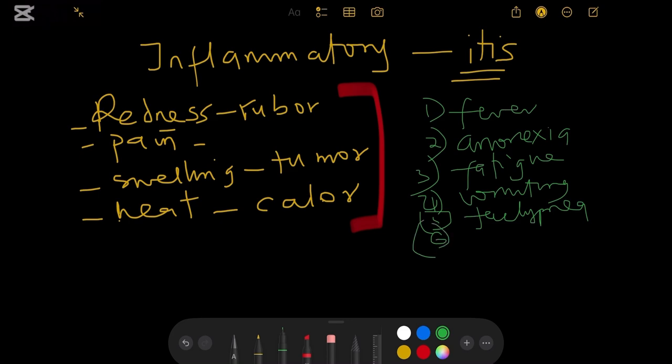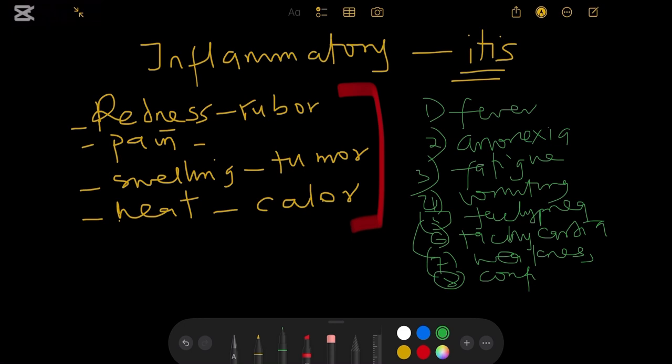We can have tachycardia, that is increased heartbeat. We can also have weakness, and in severe cases, confusion and death. But if it is detected very early and treated, death would most likely not occur. So these are the features.